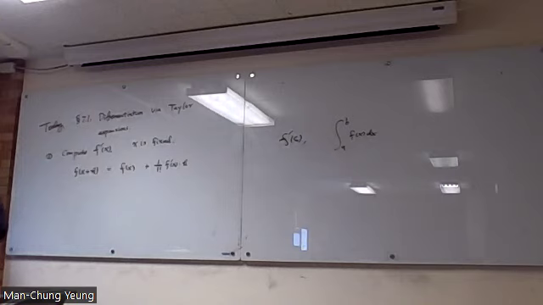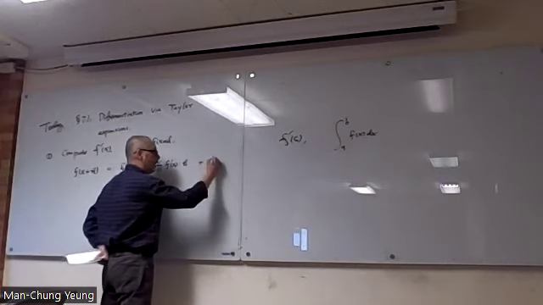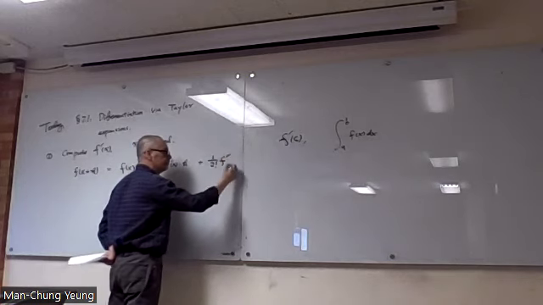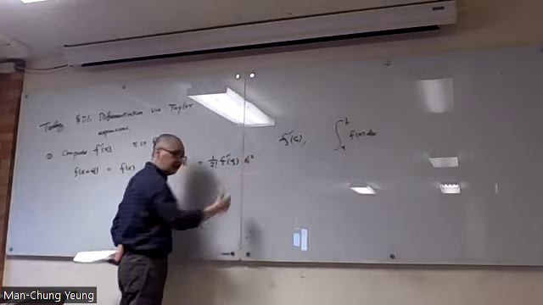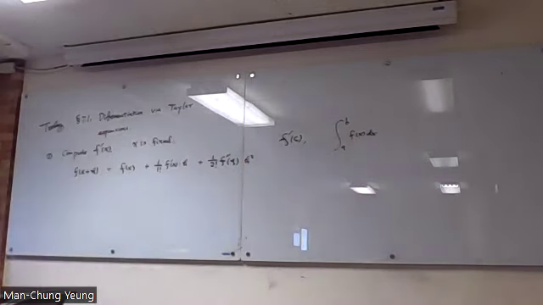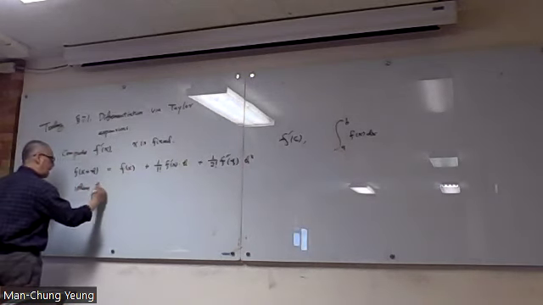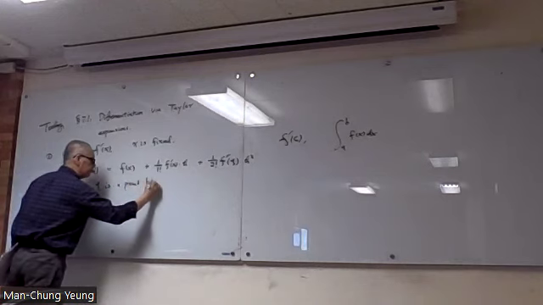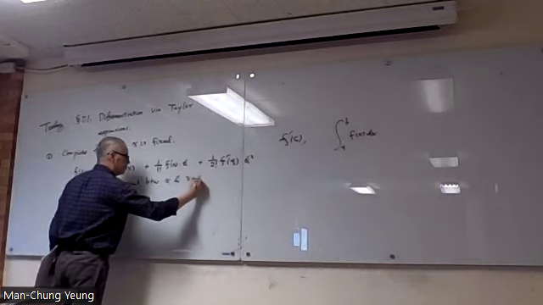For the first formula, 2 terms are enough. Then add the error term, 1 over 2 factorial, second derivative at some point psi, times h squared. What is psi? Psi is a point between x and x plus h.